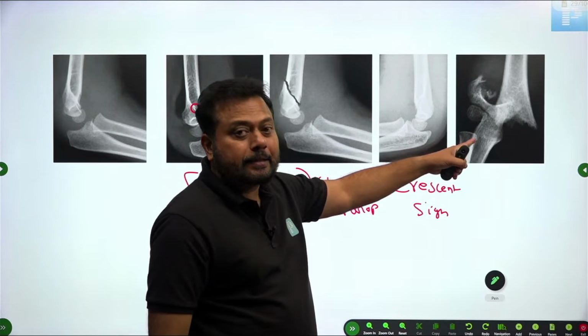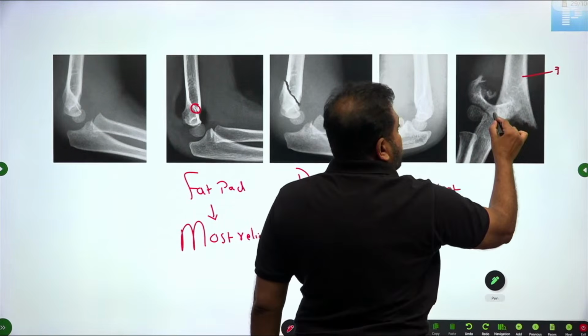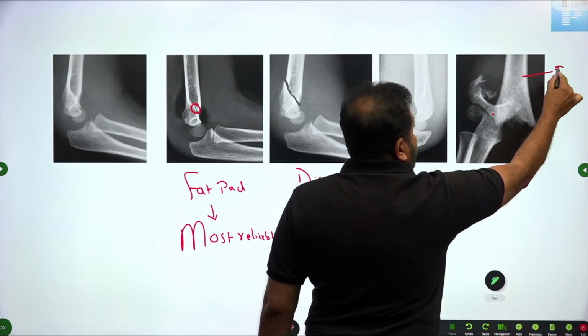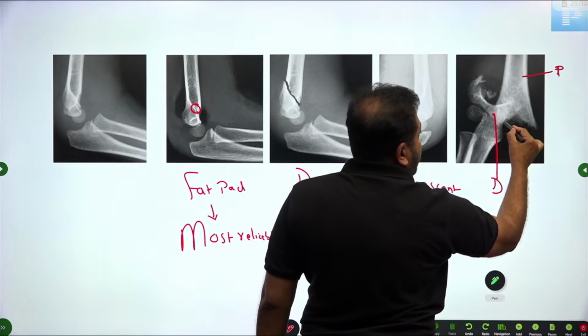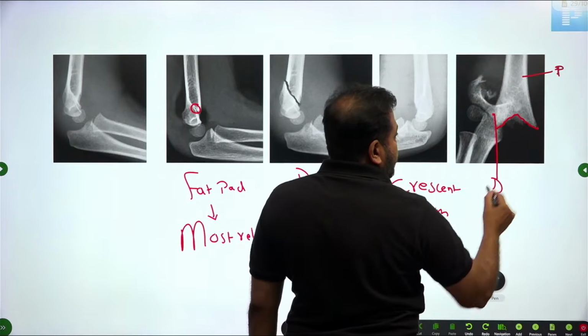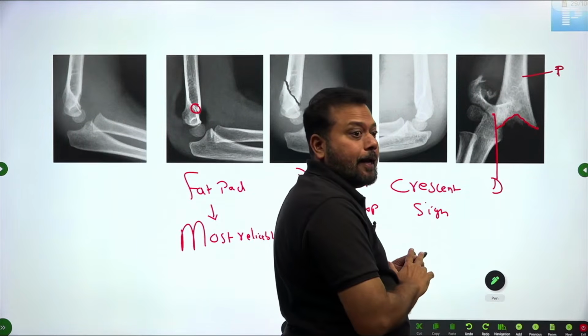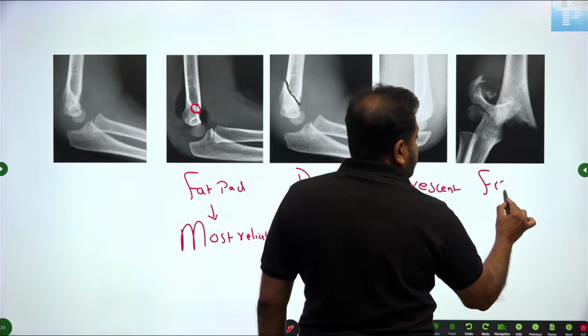And the last sign is, this is the proximal end of the humerus. This is the proximal fragment of the fracture. This is the distal fragment. The end of the proximal fragment, when you see, is like a fish tail. And this is called fishtail sign.